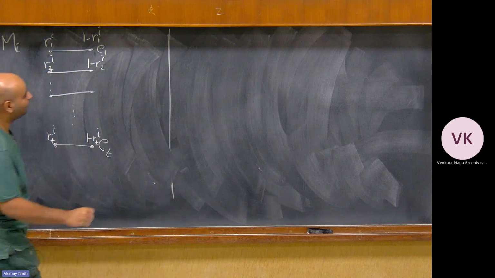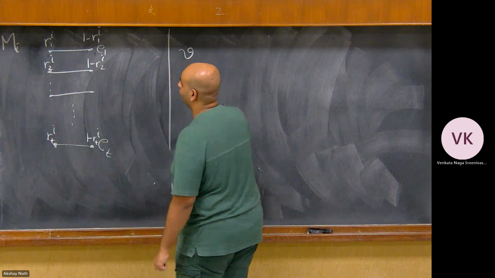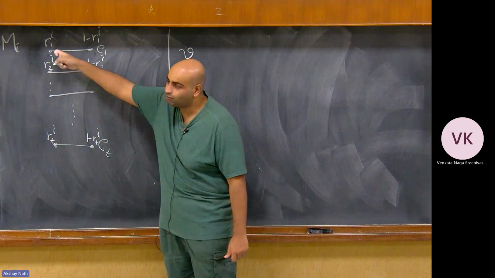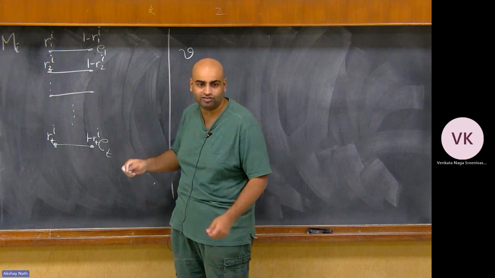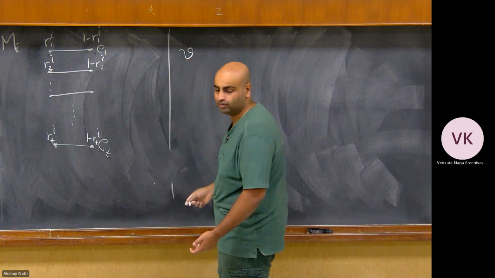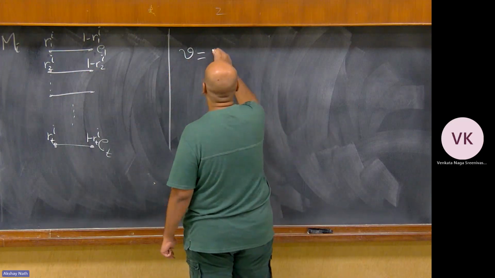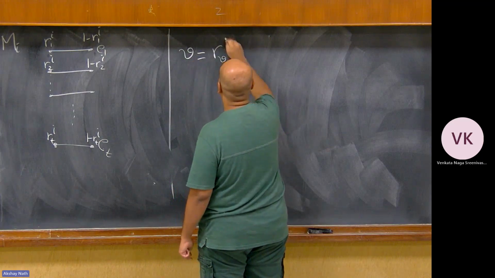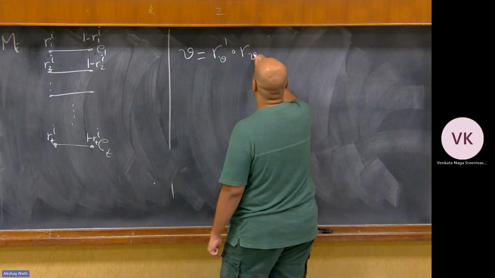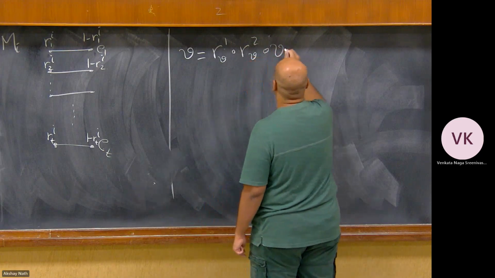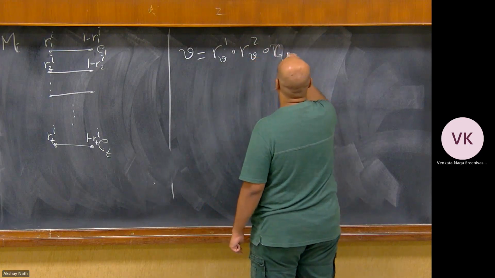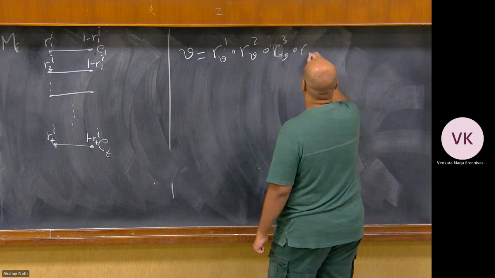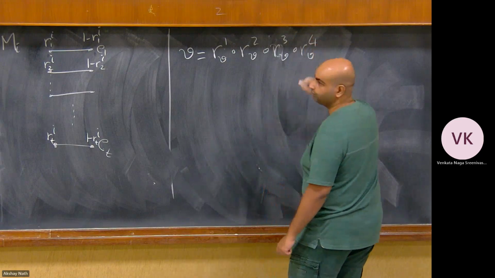Now for a vertex v, it's going to be some vertex in each of those 4 matchings. Just concatenate all of them. So I'm going to abuse notation and write vertex v as Rv1 concatenated with Rv2, Rv3, Rv4.